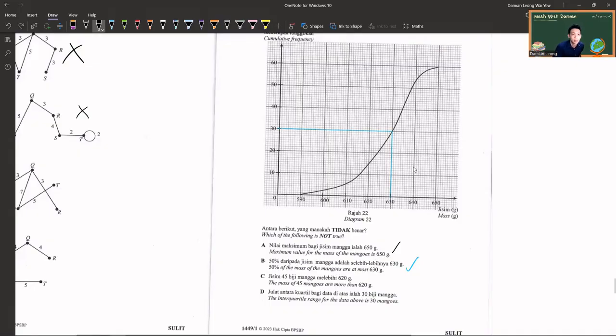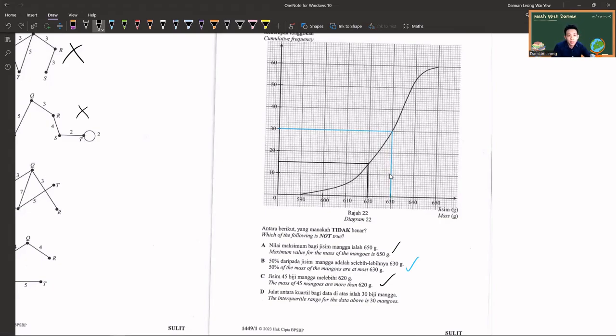Okay, pernyataan ini benar. So jisim 45 biji mangga melebihi 620 gram. So 45 mangoes are more than 620. So 45 are more means 15 are less because total there are 60. So here 15, it matches to 620. So this is true also.